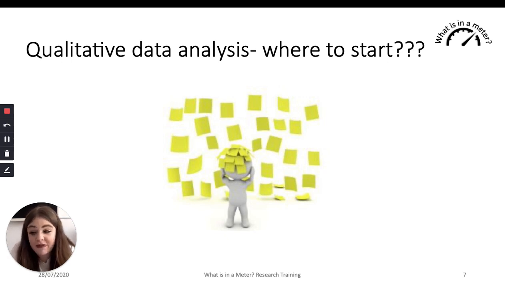So primarily, and probably saying the obvious a bit here, the choice of how you analyse your qualitative data is largely dependent on the research that you're conducting. So the overall aims of that research and basically what you're trying to find out.